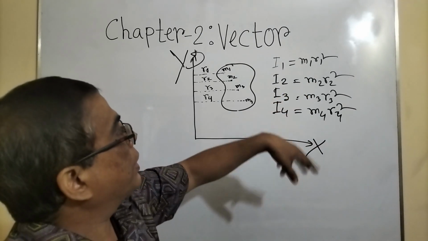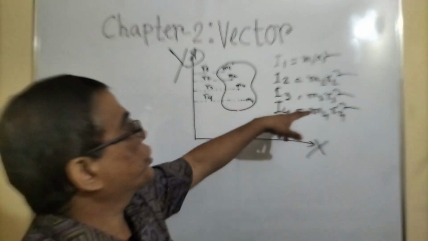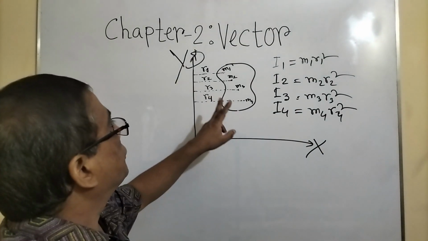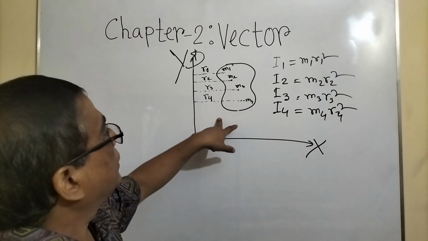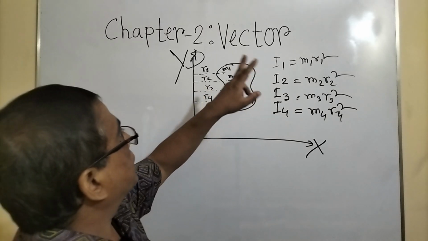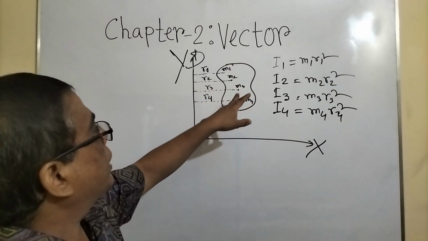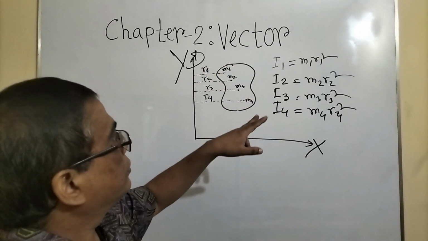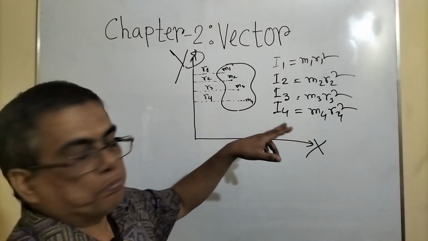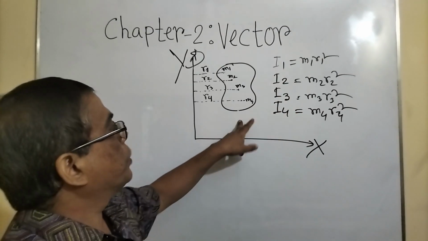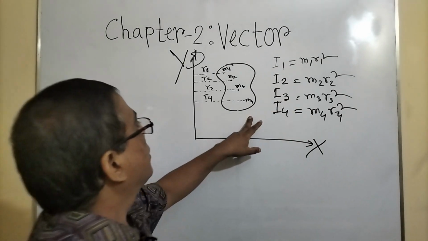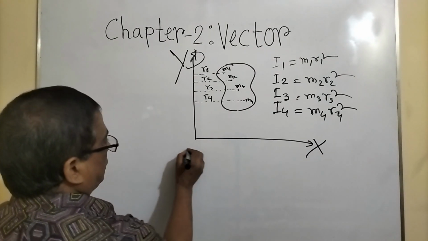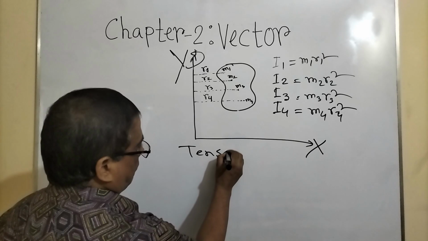That's why the magnitude of moment of inertia will be different. Directions may also be different because the directions of m1, m2, m3 particles are different. So because of different magnitudes and different directions, moment of inertia is a tensor quantity.